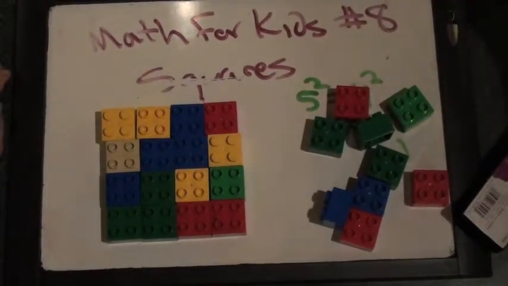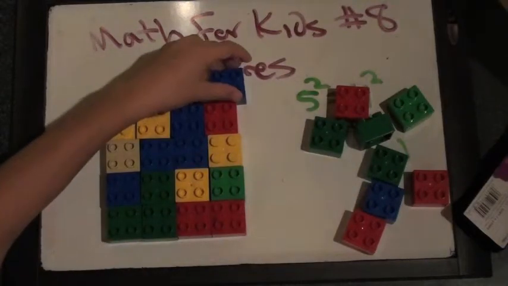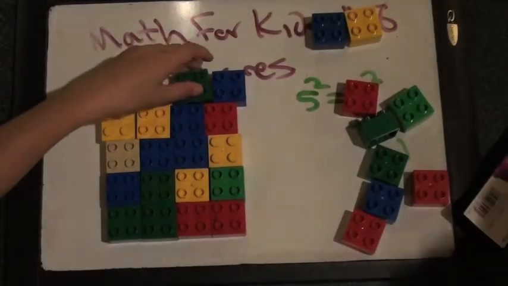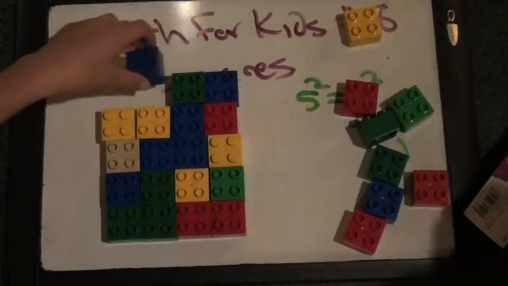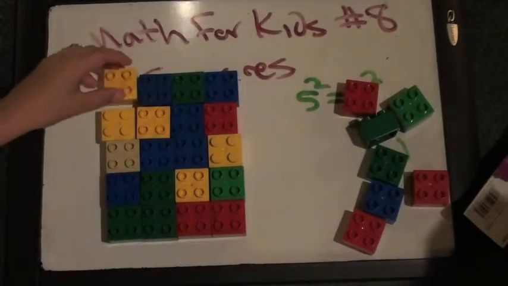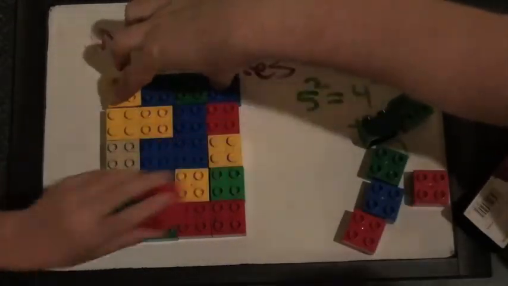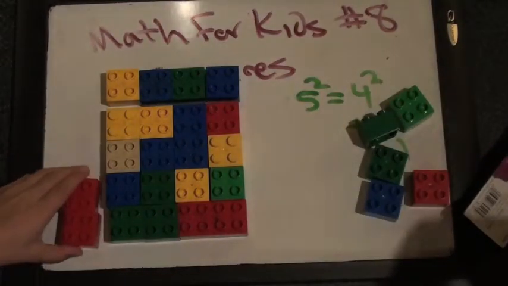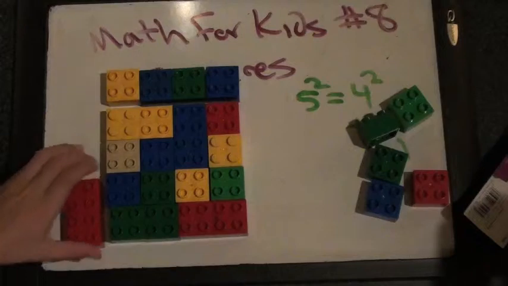There are 2 extra 4's, because we're trying to say 5 squared equals 4 squared plus 2 4's plus 1. Okay, there's 1 4 here. I'll separate it out just a little bit. Yeah, that's a great way to make it.